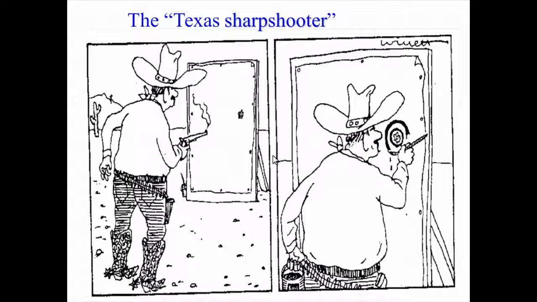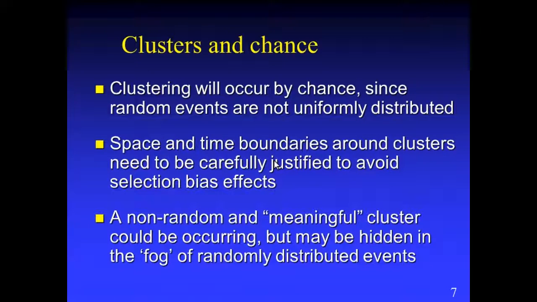But it's very hard to distinguish clusters that occur because of this effect from clusters that occur because there's something genuinely unusual going on. And clusters caused by something unusual do occur. So anyway, my point here is that clustering occurs by chance alone, just because random events are not uniformly distributed.